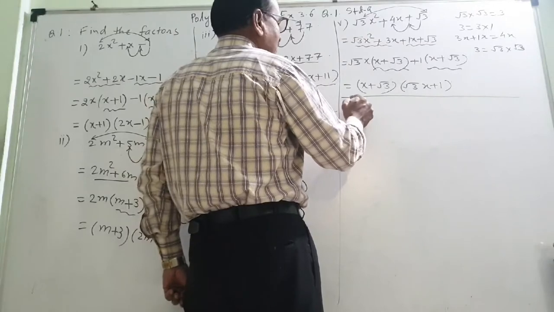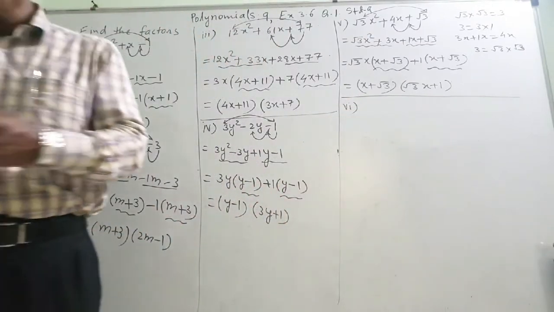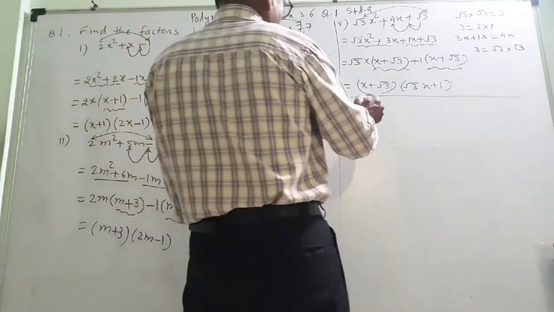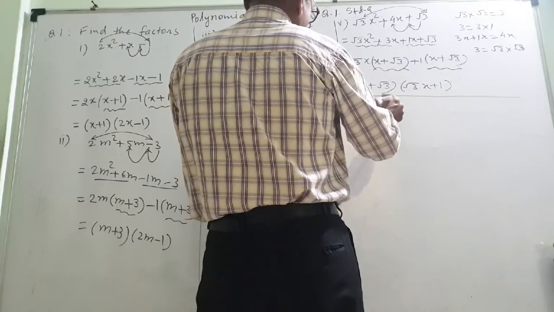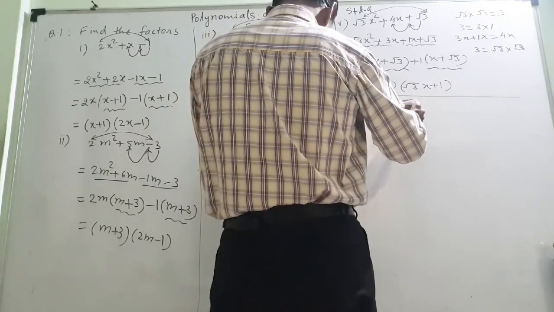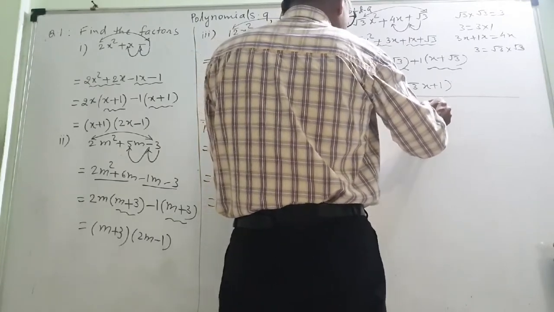Now the sixth one. Sixth one is 1 upon 2 x square plus minus 3x plus 4.